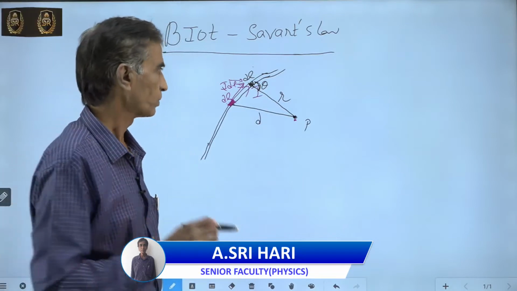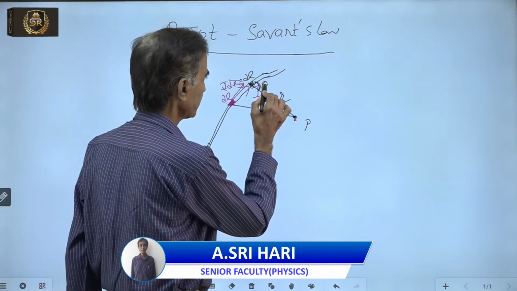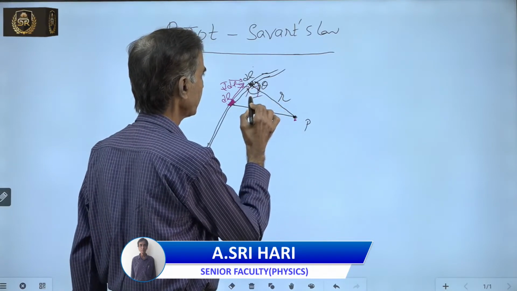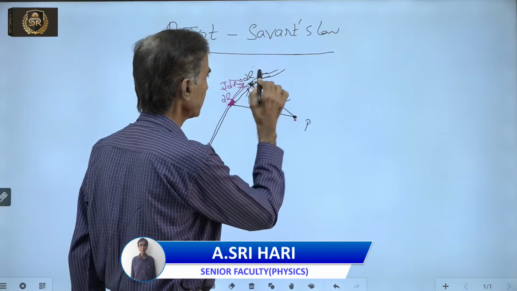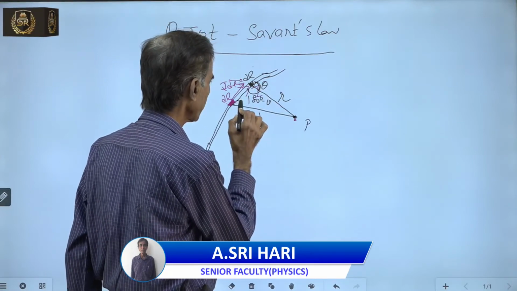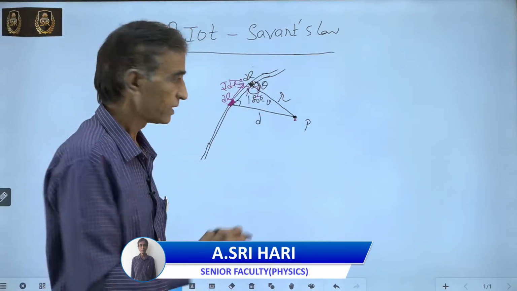Now see here, as this is theta, we can say this is 180 minus theta, because it's just like a straight line here, and this is the perpendicular distance, so this is 90 degrees.